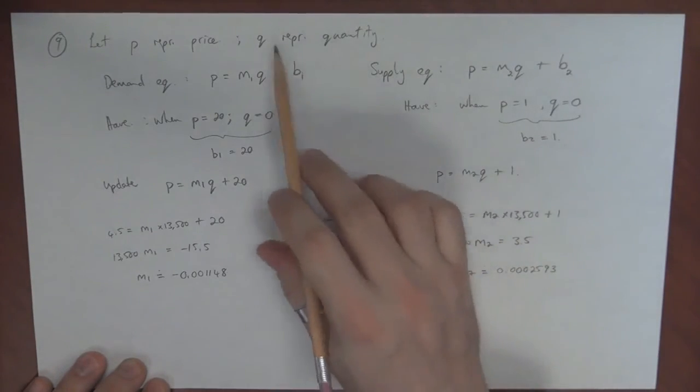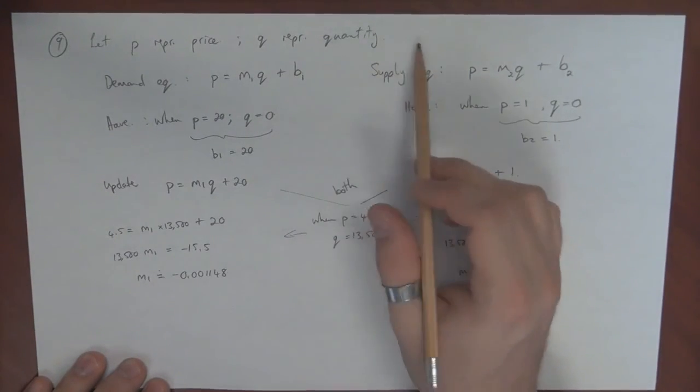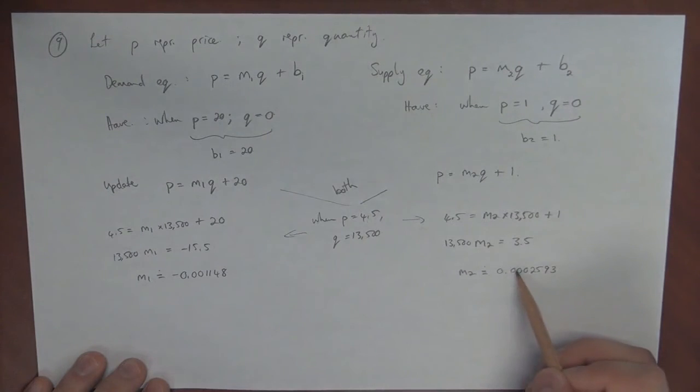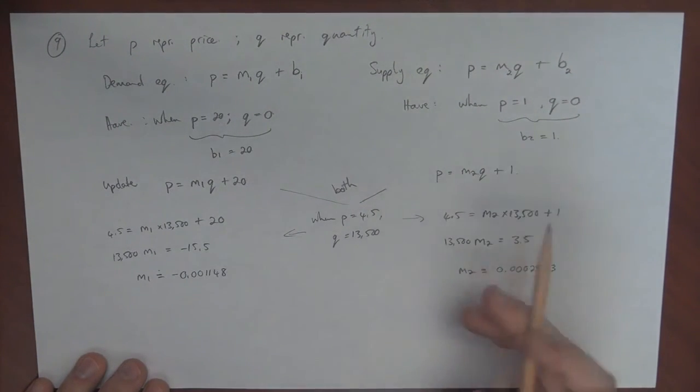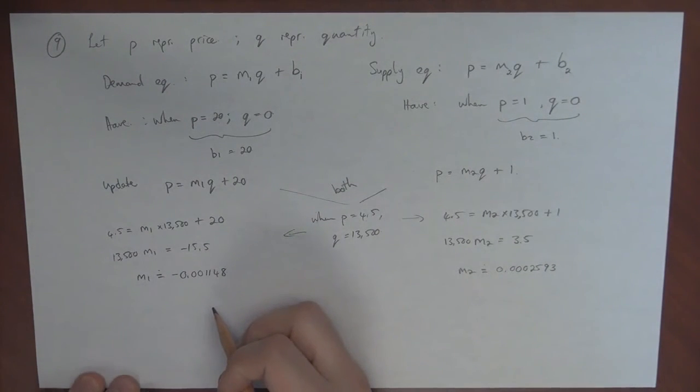You could have also represented the quantity in terms of thousands, and your M would be a nicer number, but it doesn't matter. I think most people don't think to do that, so let's do it like this. It doesn't matter, it's all the same.